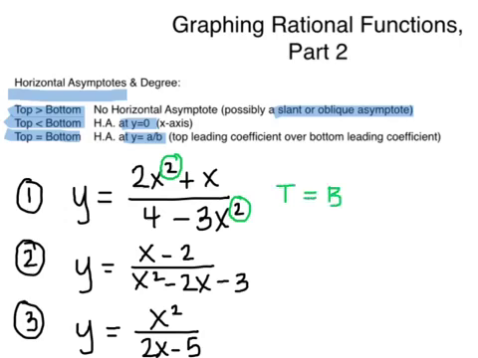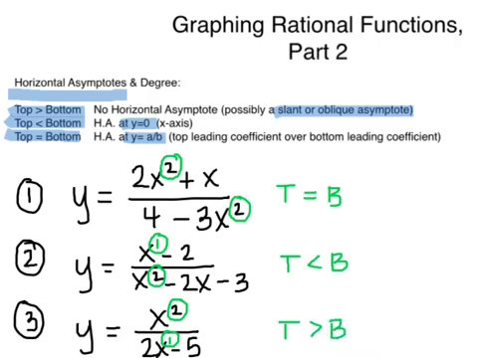In the second scenario, you have x to the first, so a degree of 1, and x to the second on the bottom, a degree of 2. So the top degree is less than the bottom degree. Then in the third example, the top degree is greater than the bottom degree. So that's what the 3 scenarios would look like.